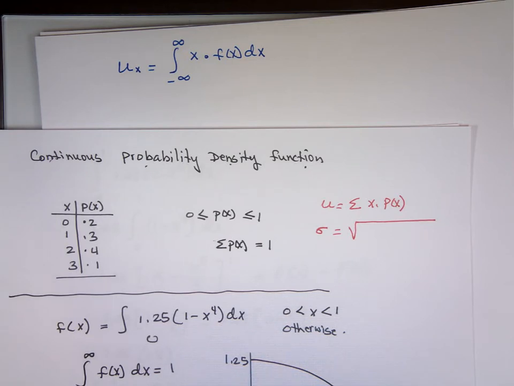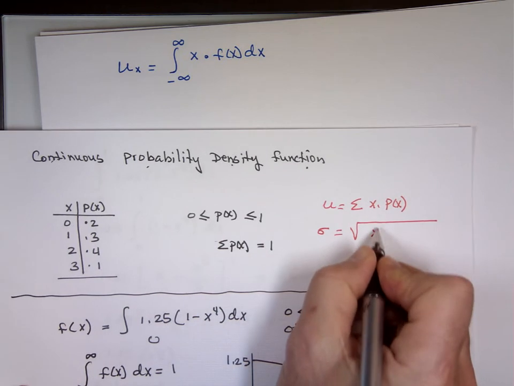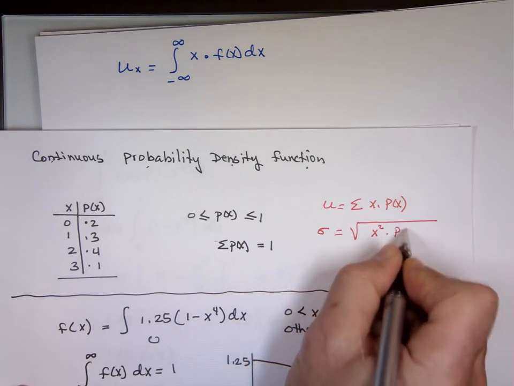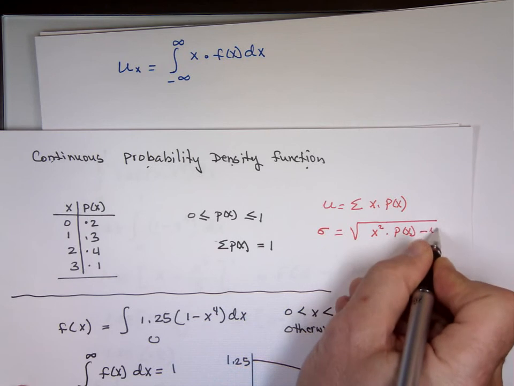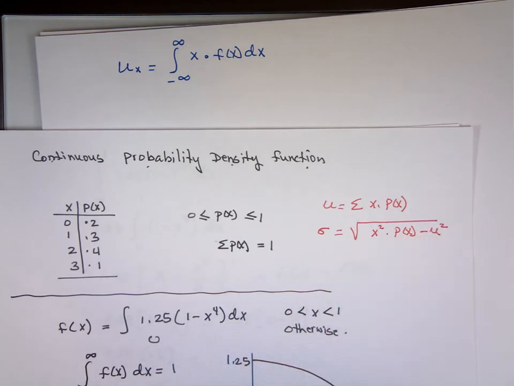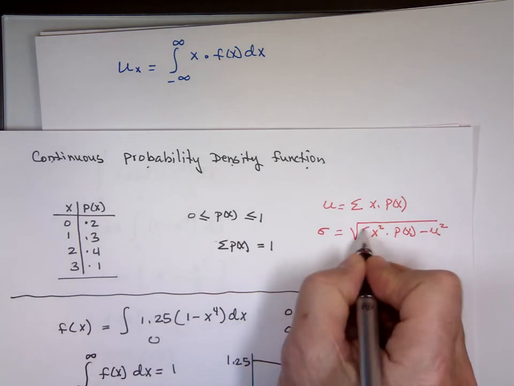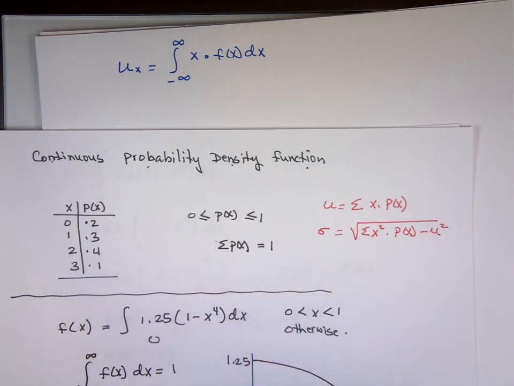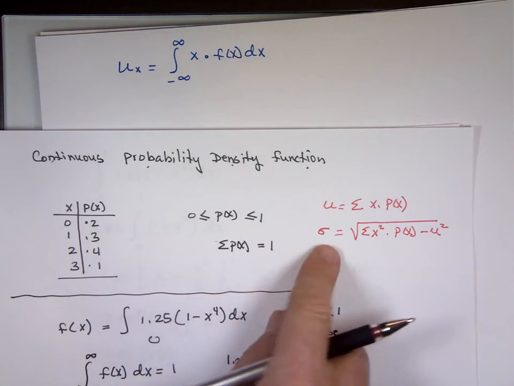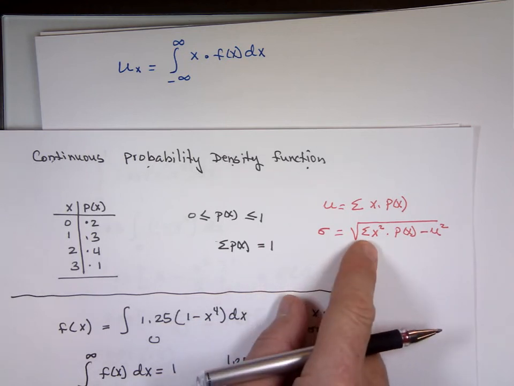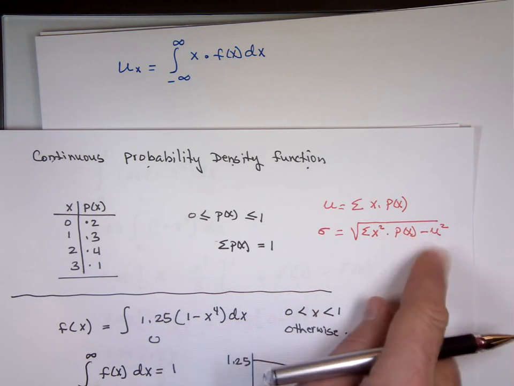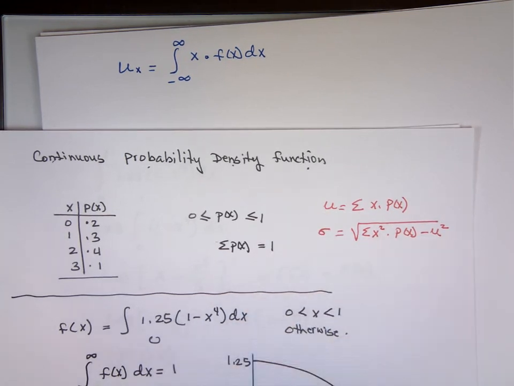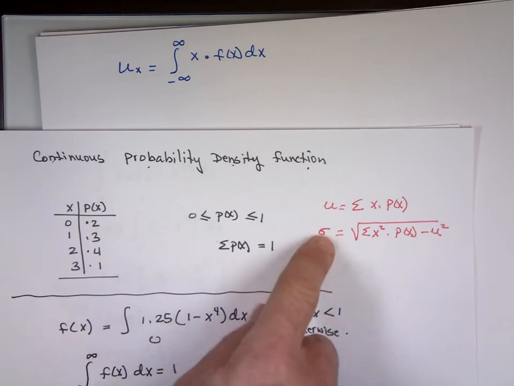It was the summation of x squared times p sub x minus mu squared, right? Well, this is the same thing. With continuous, this is going to be the integral of x squared times f of x minus mu x squared. So we apply the square root after we take the integral? Yep. If you don't take the square root, that's the variance. That's sigma squared.